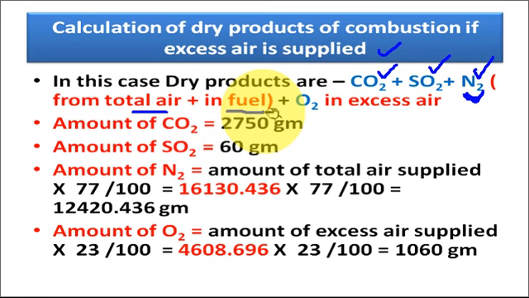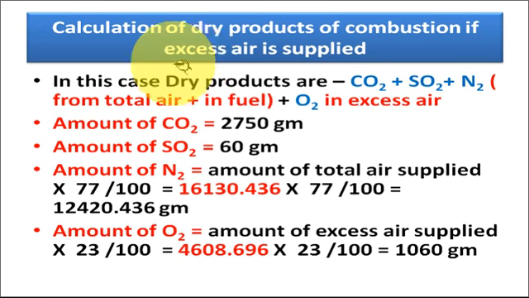Now, if excess air is supplied, then the oxygen present in this excess air is also included as a dry product. Why? Because the oxygen required for combustion is supplied by the minimum amount of air. Whatever amount of oxygen is present in the excess air must be released as a dry product.